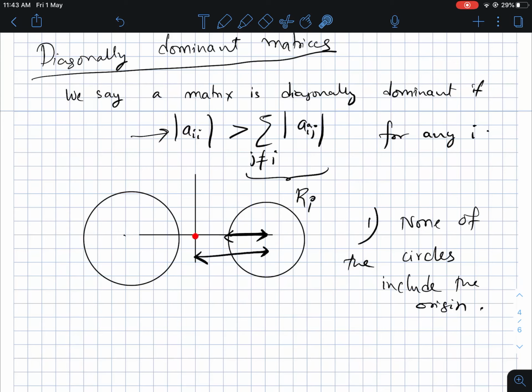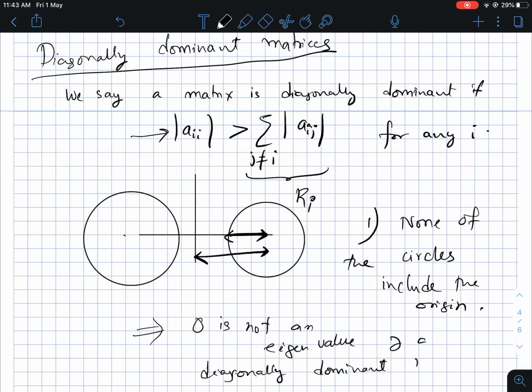All the circles will stay away from the origin. What that means is that 0 is not an eigenvalue of such a matrix, of a diagonally dominant matrix.